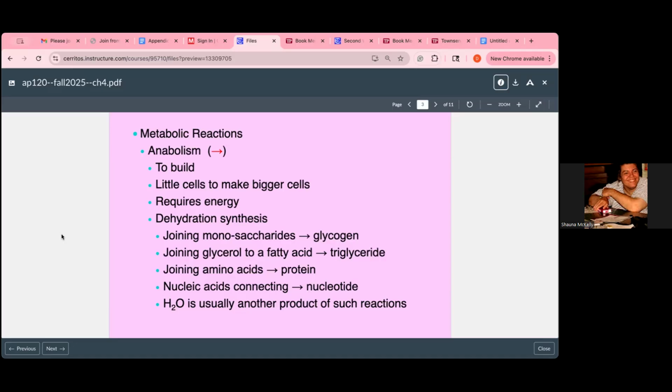If you're joining together fatty acids, you're going to get triglycerides, joining glycerol to a fatty acid. Joining amino acids, because remember the amino acids are the building blocks of proteins, you're going to get proteins. Joining together nucleic acids gives you nucleotides, and H2O is usually another product of such reactions.